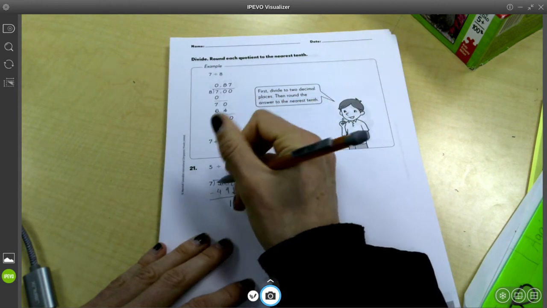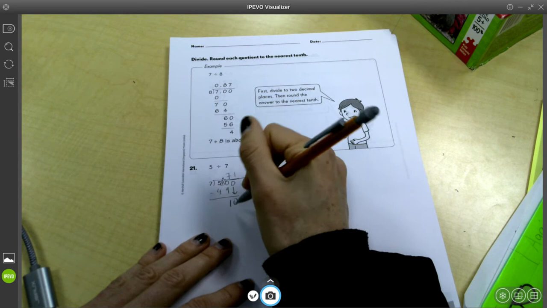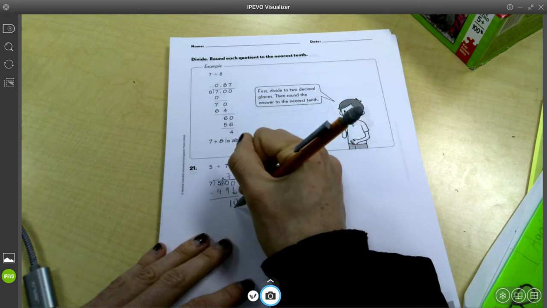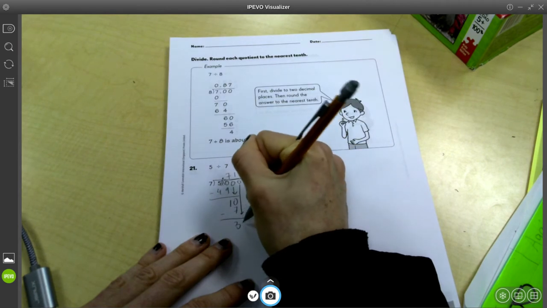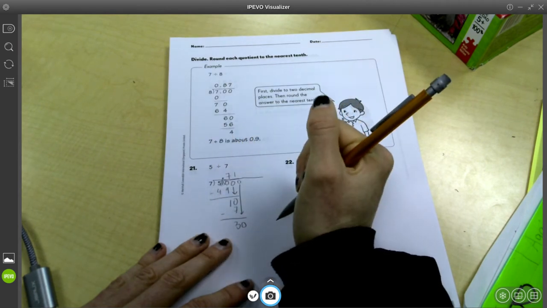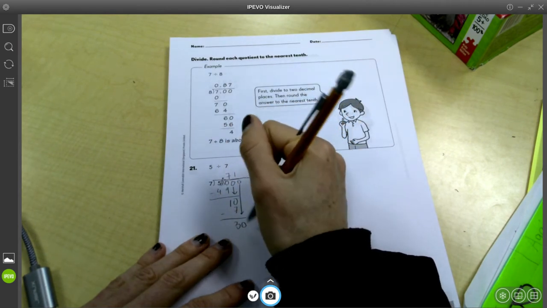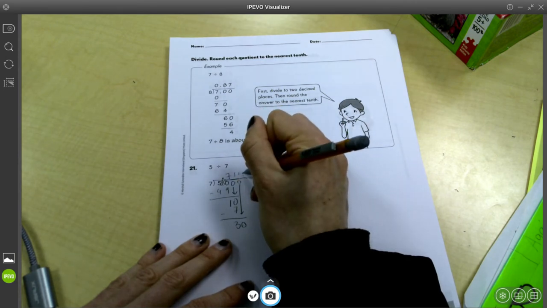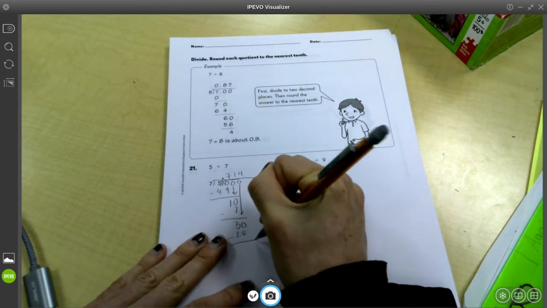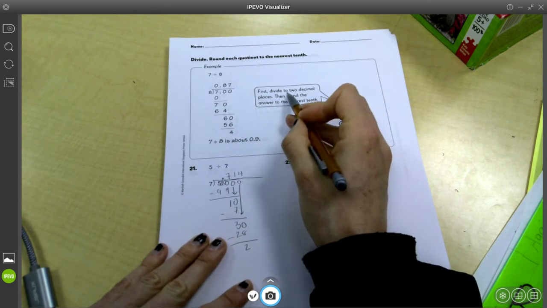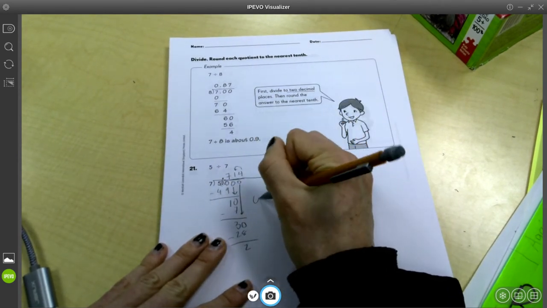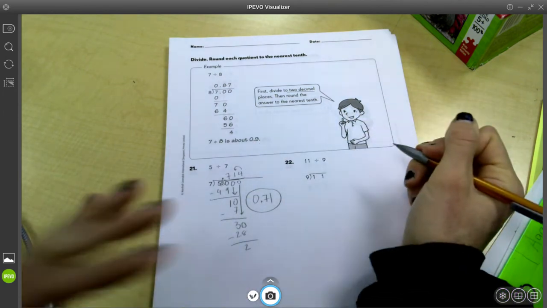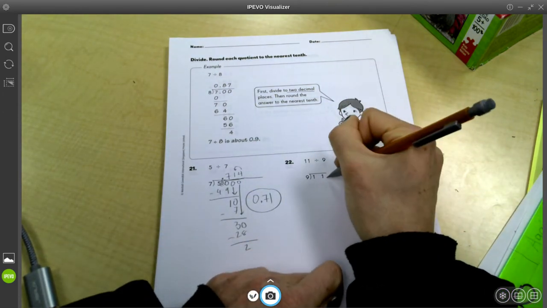Make this line longer. 7 goes into 10 once. 1 times 7 is 7. 3, add a 0, bring it down. 7 goes into 30 4 times, 28. 2. This has 2 decimal places, so I went out 3 decimal places. That's going to stay the same. There's my answer.